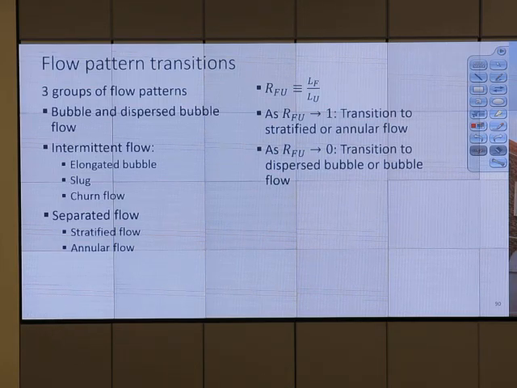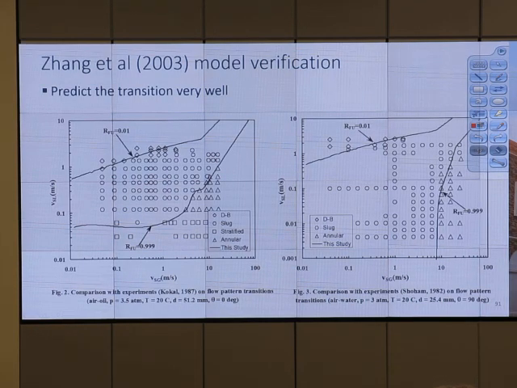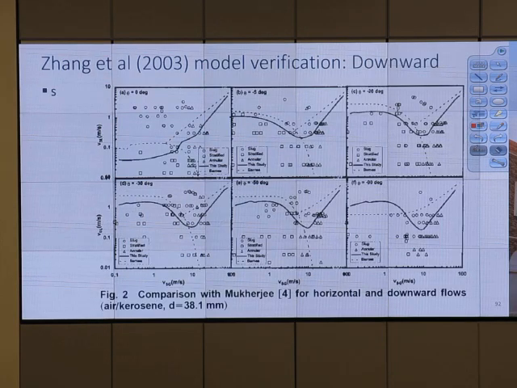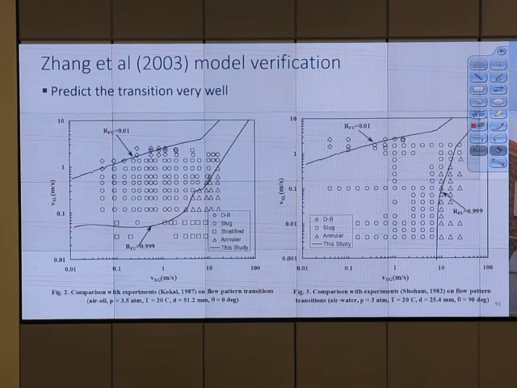Once we set RFU equal to 1, then we get that line. If we set RFU equal to 0, then we get another line. That's why their model has just 2 lines, not 3 lines or more. And if you want to separate stratified flow and annular flow, the difference depends on how much is the wetted fraction.